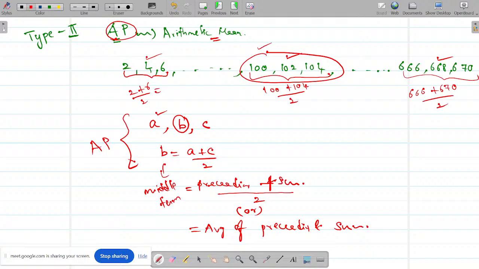If you're okay with this concept, you can refer to problem number 4 and 6 from the single material.